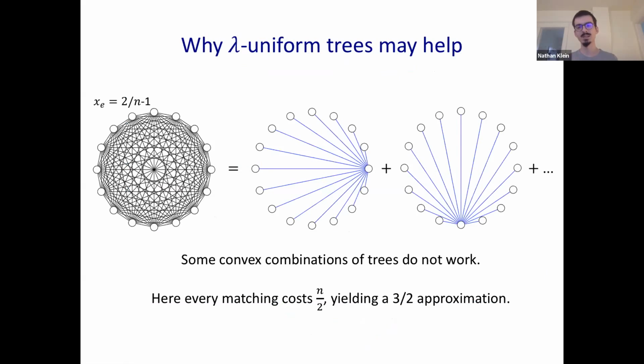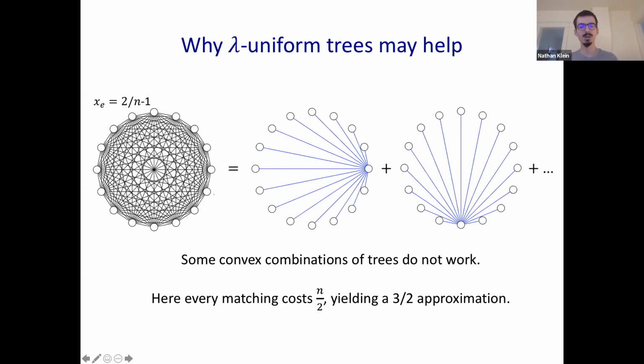I want to give some quick intuition on why it's important to find a lambda uniform distribution and not just any convex combination of trees. So here's a bad example, although there are many. So suppose we're looking at the unit metric, meaning every point has distance 1 from every other point. And suppose our LP solution is this complete graph on n vertices with 2 over n minus 1 on every edge.